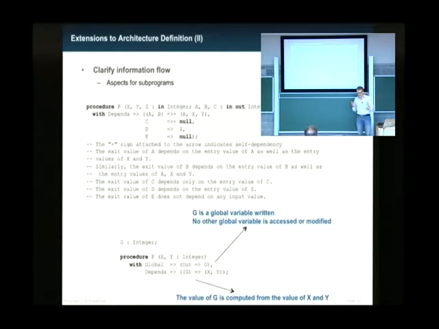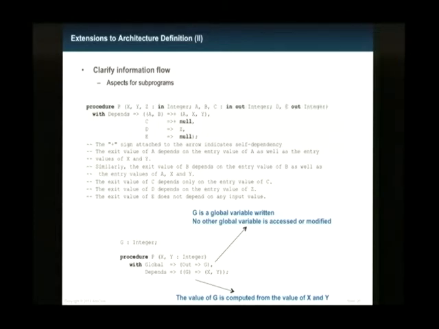You can also define how the information flows within your subprogram, and you can use the Depends aspect, where you say, for example, if you take the first line where you say AB arrow plus A X and Y, the plus is simply to say that I am depending on myself. I am computing my next value based on my current value.